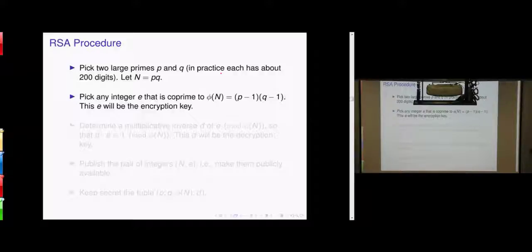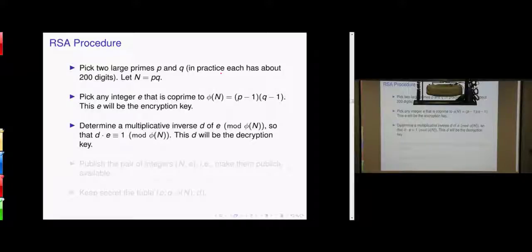Now pick any integer e that is co-prime to phi of n, which is (p minus 1) times (q minus 1). That's why you introduce Euler's function. This e will be the encryption key.